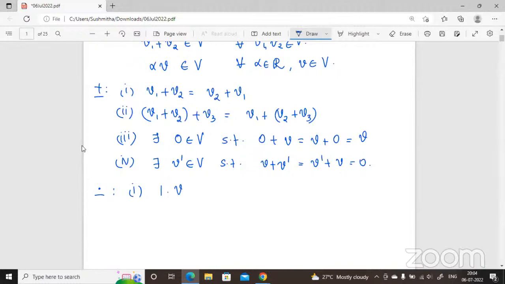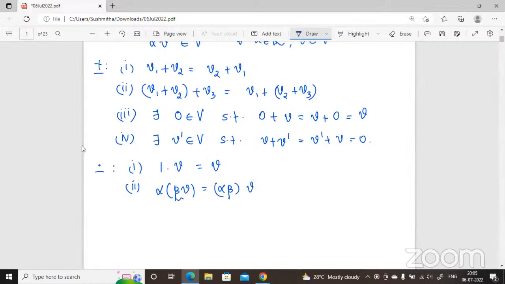The first condition was 1 times V, where 1 is the real number 1. When you multiply 1 with any vector, you should get the same vector. Then alpha times (beta times V) should be equal to (alpha beta) times V. On the left-hand side, you're doing scalar multiplication in V twice, getting a vector each time. On the right-hand side, you multiply two numbers first, and then multiply the resulting number with the vector V. There is a difference in what we do on each side, but irrespective of the order we choose, we should get the same answer.